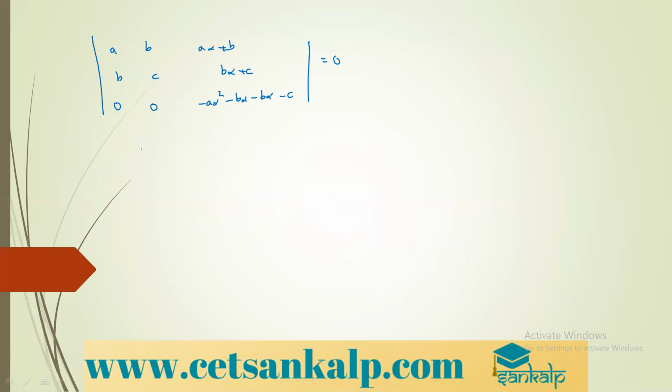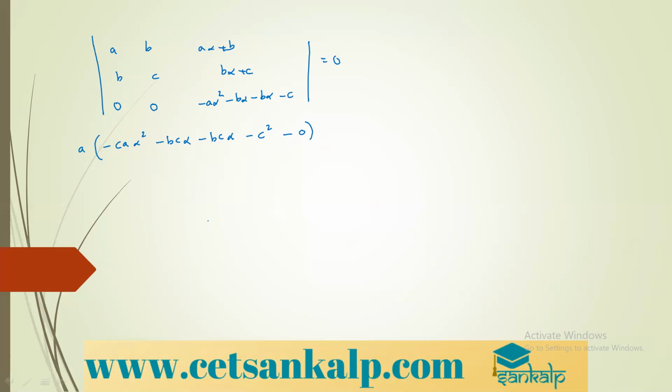Now I can expand it using column 1 or column 2. a into minus ca alpha square minus bc alpha minus bc alpha minus c square, minus 0.